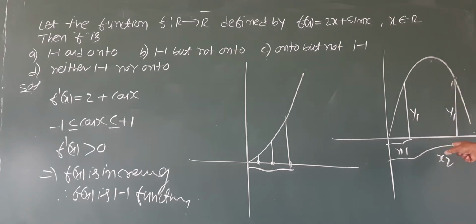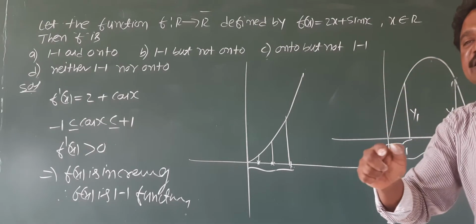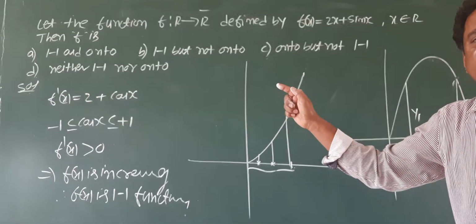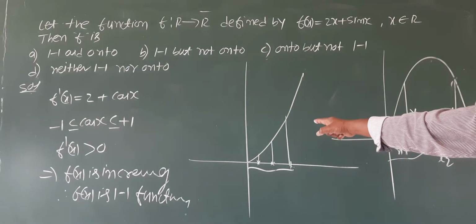Two different x values are related to the same y value. This is not one-one. Why is it not one-one? Because it is not a strictly increasing function. If a function is strictly increasing, it must be one-one.